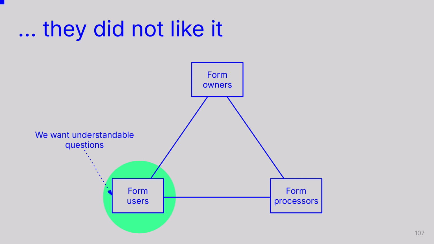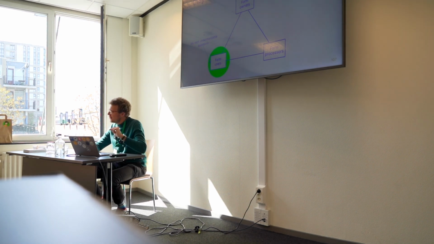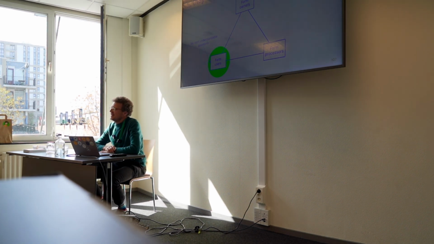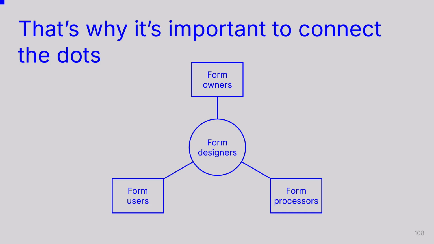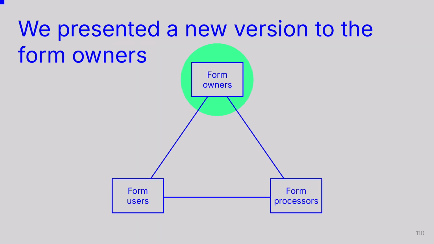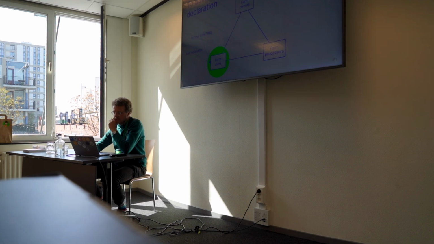So that's also why it's important to talk to everyone, to get the requirements from all sides, and to connect the dots, as I like to say. So with all of that, we presented a new version to the form owners, to build an easier version of the tax declaration.